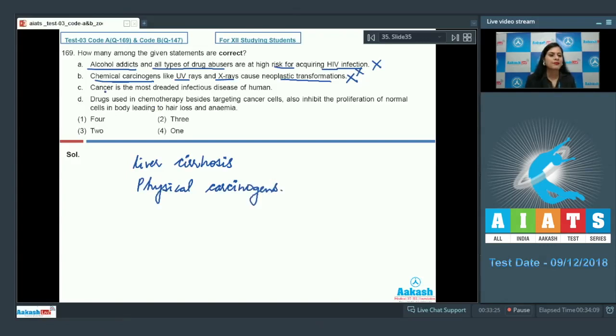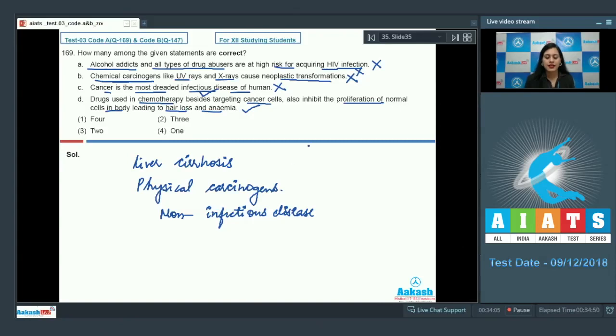Our next statement is, cancer is the most dreadful infectious disease of human. And this is an incorrect statement because cancer is not an infectious disease, but a non-infectious disease. And the last statement given is, drugs used in chemotherapy besides targeting cancer cells also inhibit the proliferation of normal cells in body, leading to hair loss and anemia.